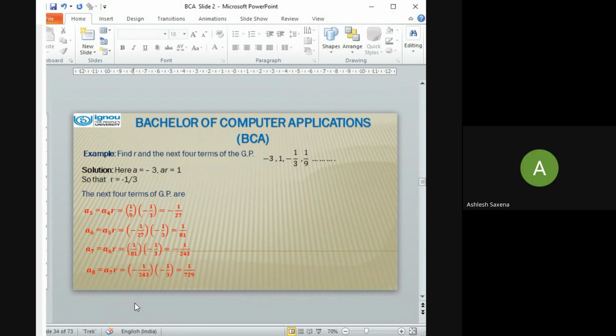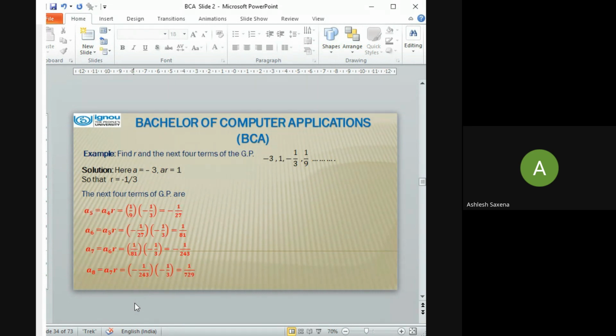You are given the four values. What will be the fifth term? The formula is A5 equal to A4 multiplied by R. I'm not going to apply the formula; this is what has to be seen.